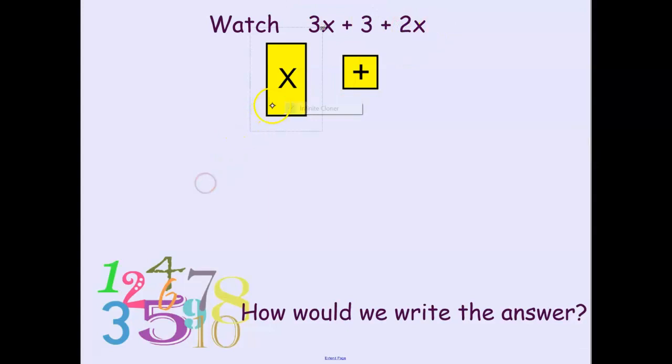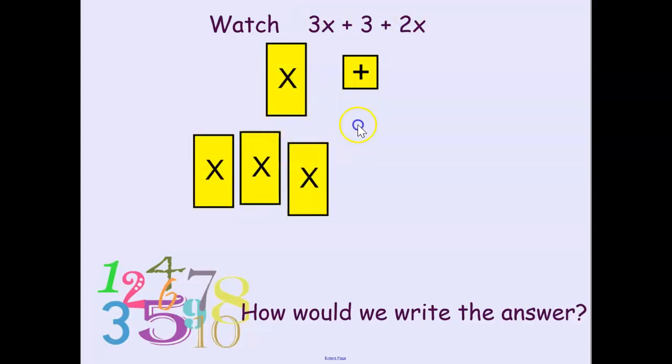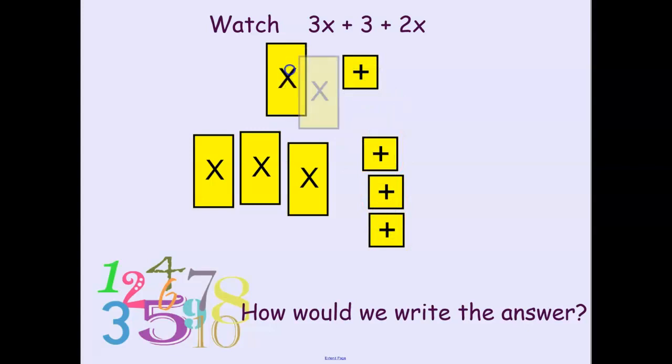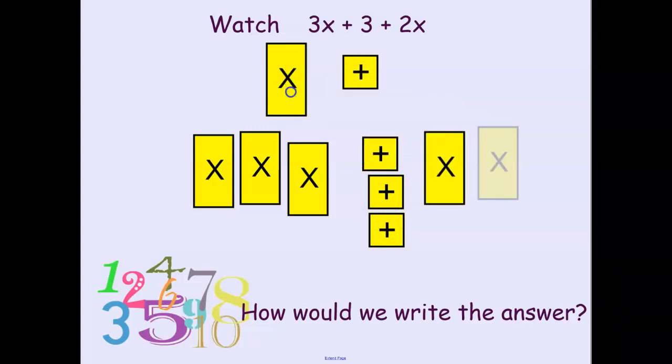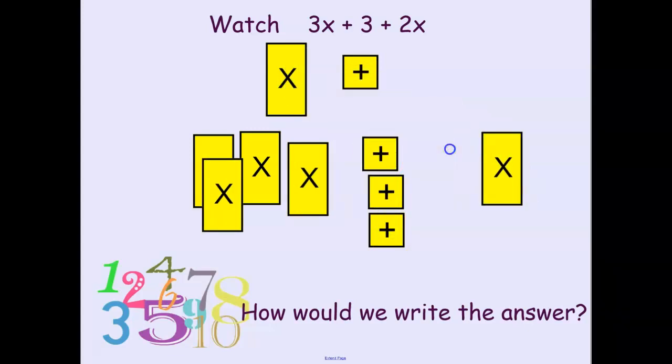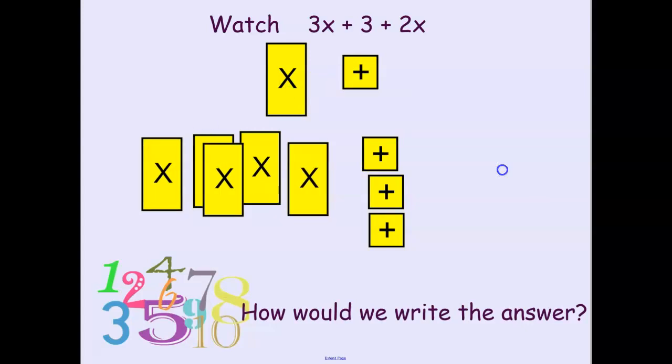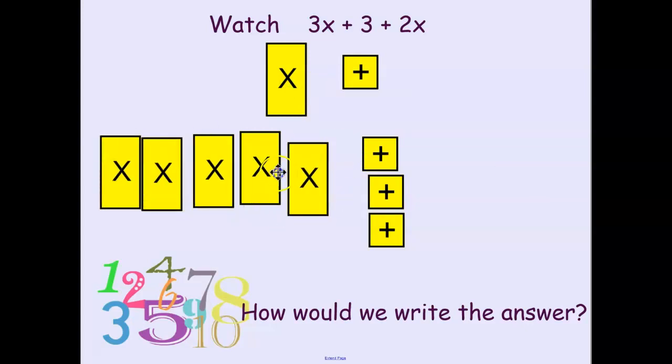I'd model that with 3 x's, plus 3 ones, my constants, plus 2 x's. So what could I combine here? Well, I'm going to put my x's with my x's, and now I can see that I have a grand total of 5x plus 3.